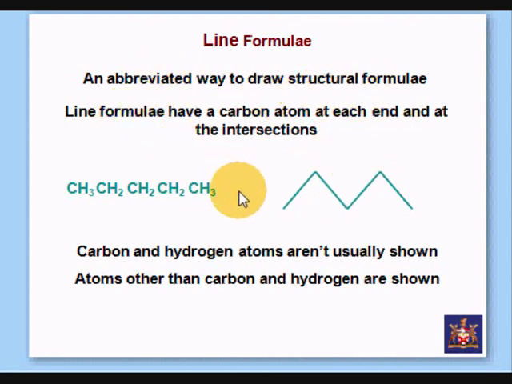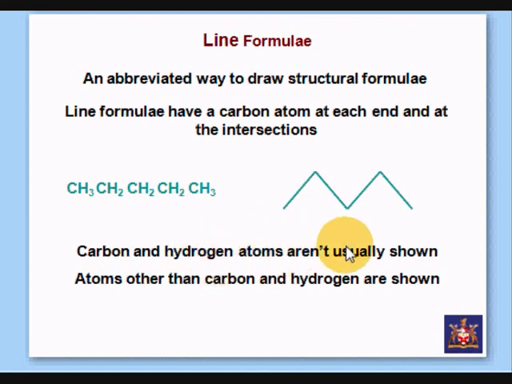And basically the idea is that at each intersection you've got a carbon right there and then a hydrogen branched off that. Two hydrogens branched off, and at the terminals you've got a CH3, then a C here with 3 H's coming off it, forming the 4 bonds.